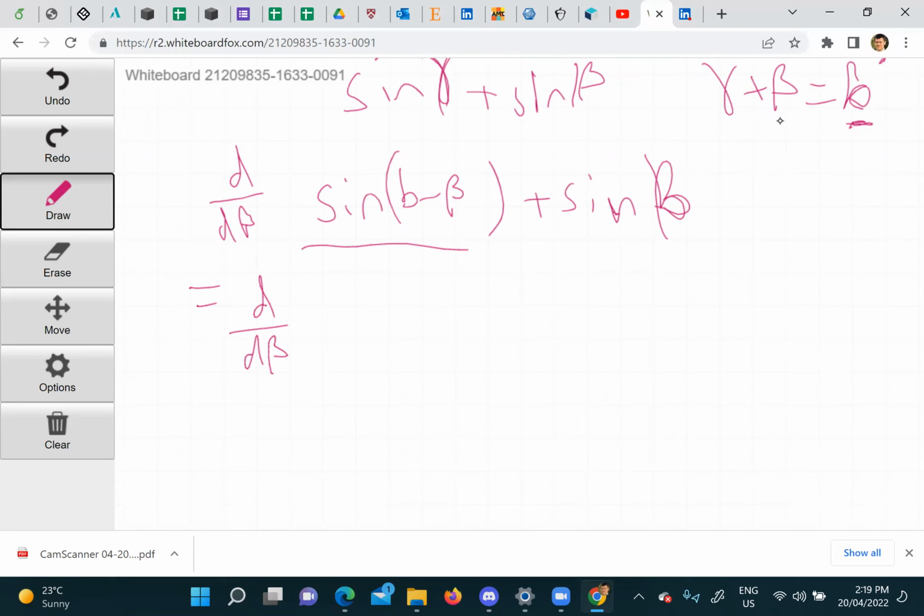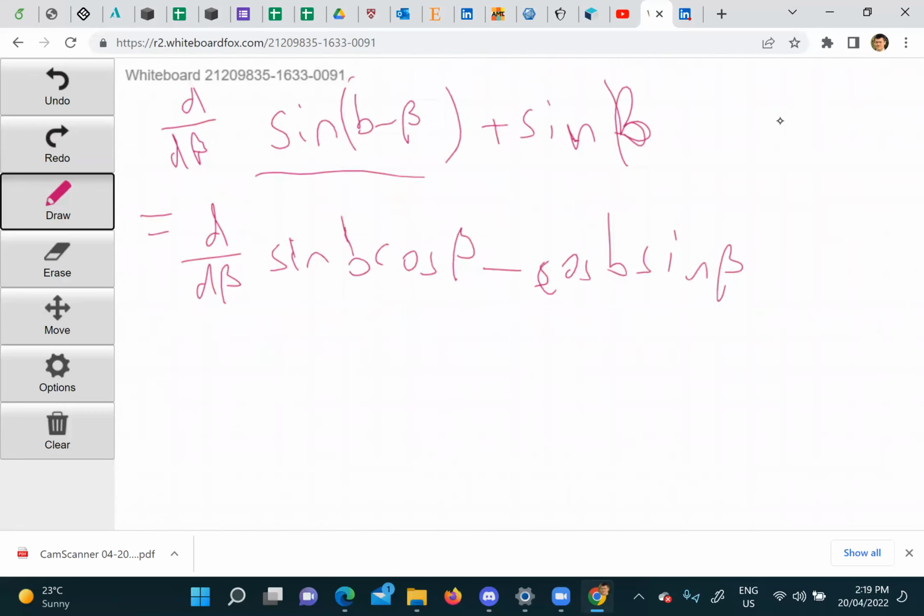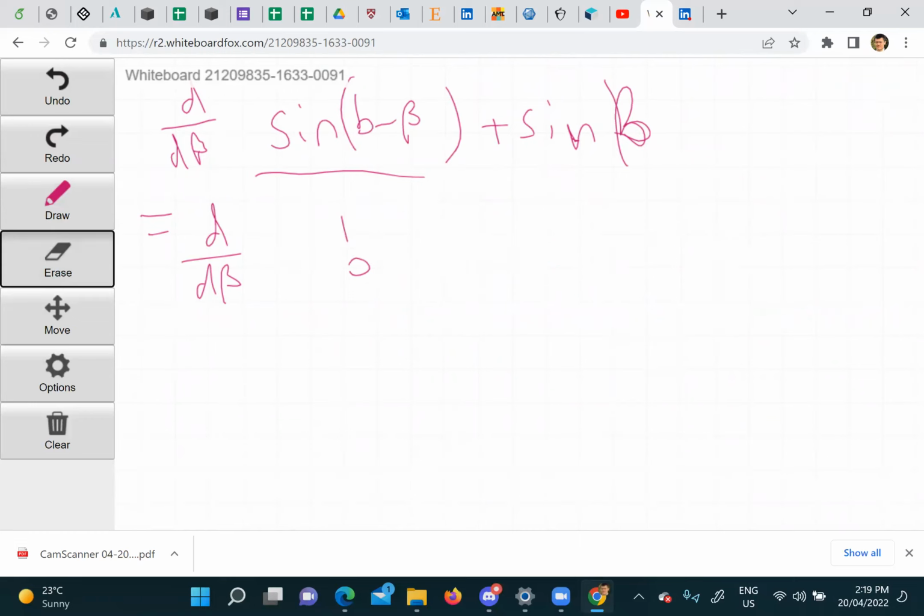This is something like sine B cos beta minus cos B sine beta. Is this right? Is this the wrong formula? Oh no, you don't need to expand it, you just use the chain rule. Really? Oh, that's probably faster.